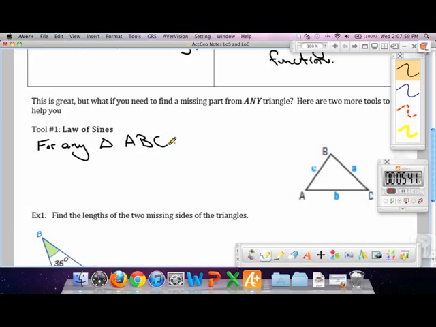The ratio of the sine of an angle over its opposite side. So sine of angle A divided by the length of the opposite side, little a, is equal to the sine of angle B divided by its opposite side.